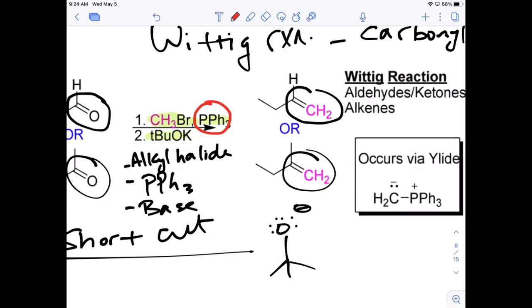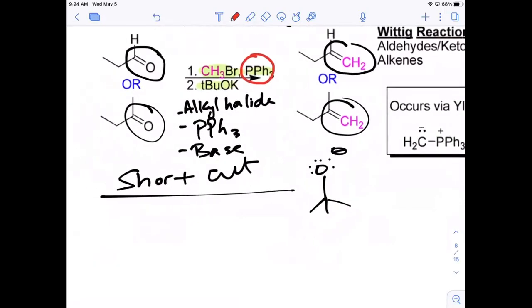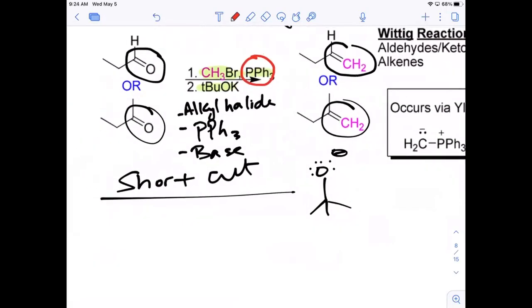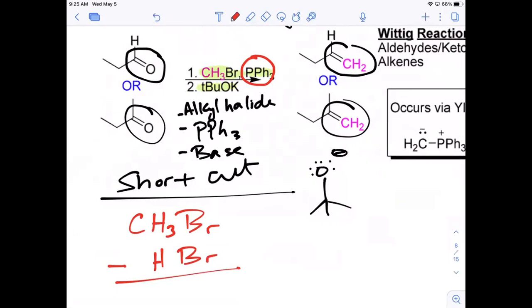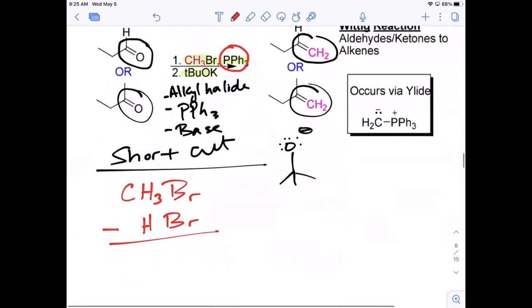So the shortcut way to think about this is, if you look at the alkyl halide and you subtract out one hydrogen plus the halogen, what you're left with is what's going to replace oxygen in that carbonyl. So what you are left with here is CH2.